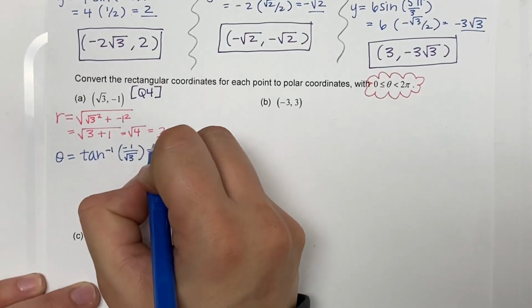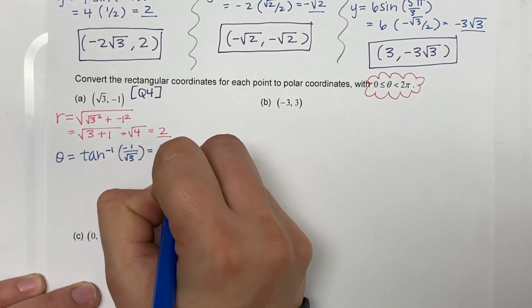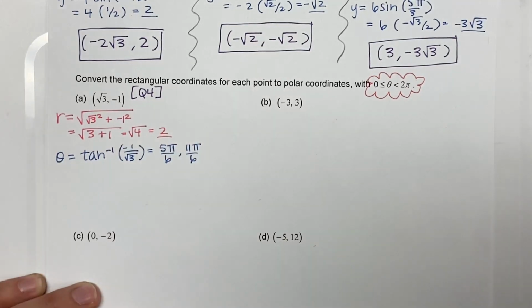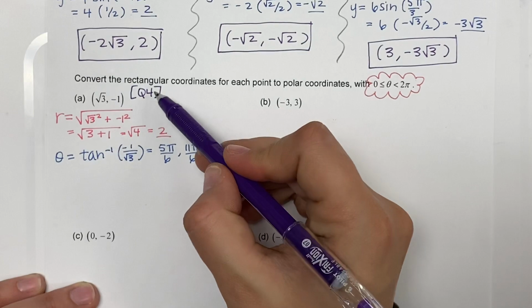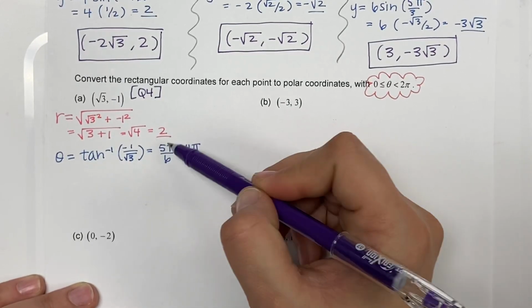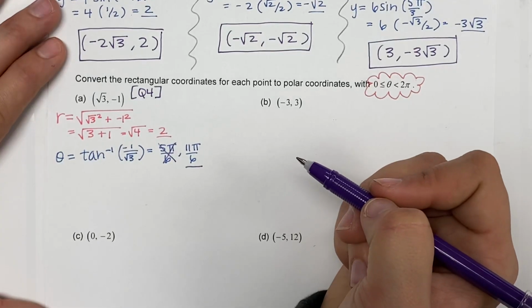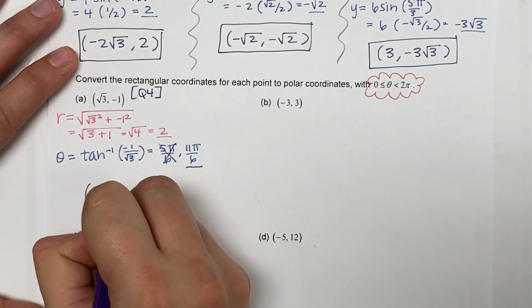That happens in 2 places, 5 pi over 6 and 11 pi over 6. Well, I can only have one answer. So that's where my quadrant comes into play. Which one of these is in quadrant 4? 11 pi over 6. So when I write my answer it is 2, 11 pi over 6.